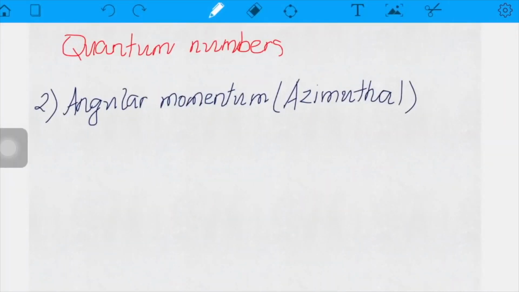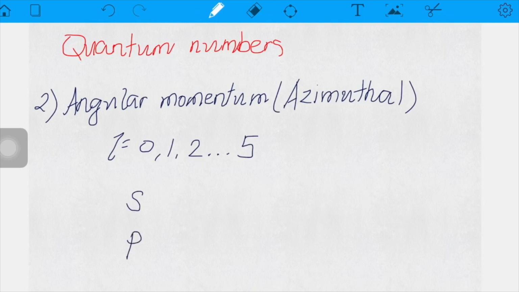So let's talk about the second quantum number, which is angular momentum. This specifies the shape of an orbital with a particular principal quantum number. The azimuthal quantum number, with the italicized letter L as a symbol, is equal to 1, 2, up to 5, wherein the subshell represents this azimuthal quantum number.